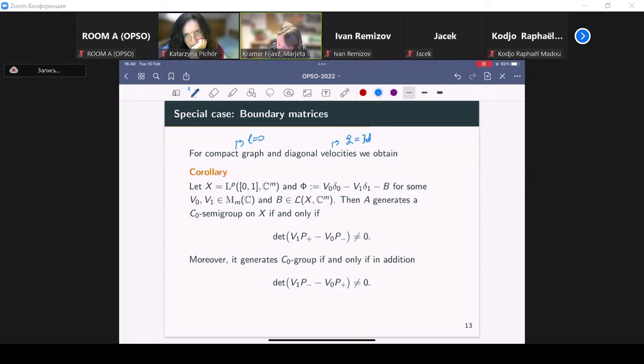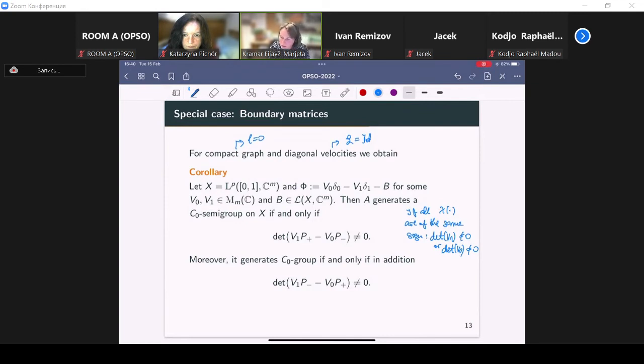So for example, if all lambdas are of the same sign, this means they are either all positive or all negative, which means that one of these projection matrices is 0 and one is 1. So we only need to compute the determinant of V_1 or the determinant of V_0, and one of these should be non-zero. So this is really a simple condition.